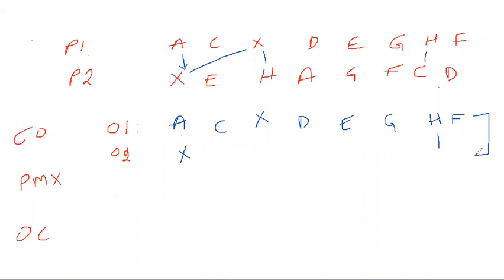Sometimes we are not able to end the cycle, and the cycle moves through the entire set of genes which are linked between the two parents.